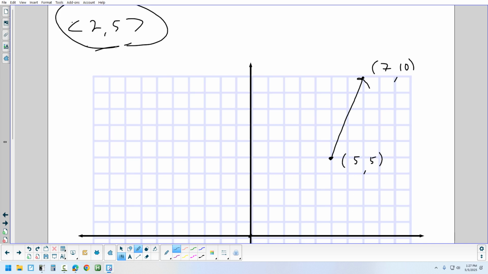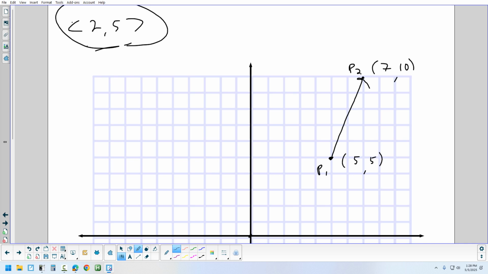Subtract them. Subtract them in what order? Let's call this the first point. Like subtract x and x and subtract y and y. Okay, but in what order? P1 minus P2? It would have to be P2 minus P1.